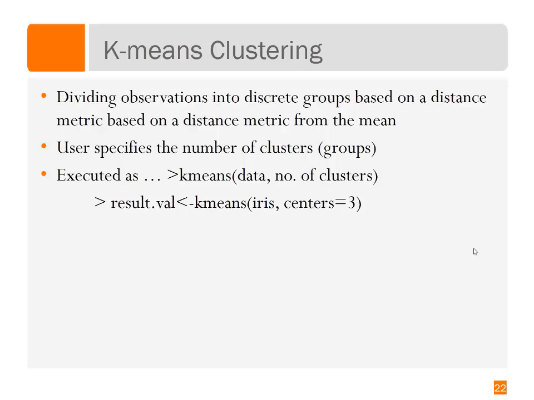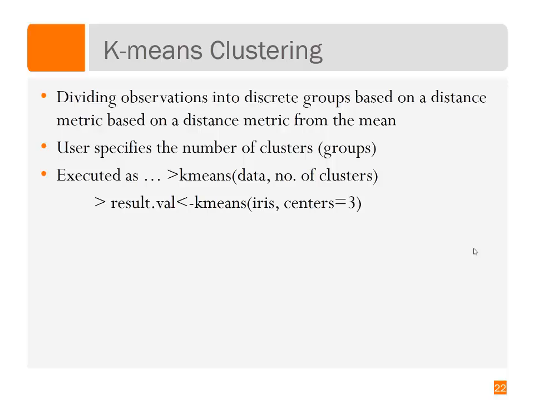So if you think about a whole bunch of plotted points and we want to solve the problem of which of these plotted points go together, which go into one group versus another group, the way the algorithm works is it measures all the distances from the mean.